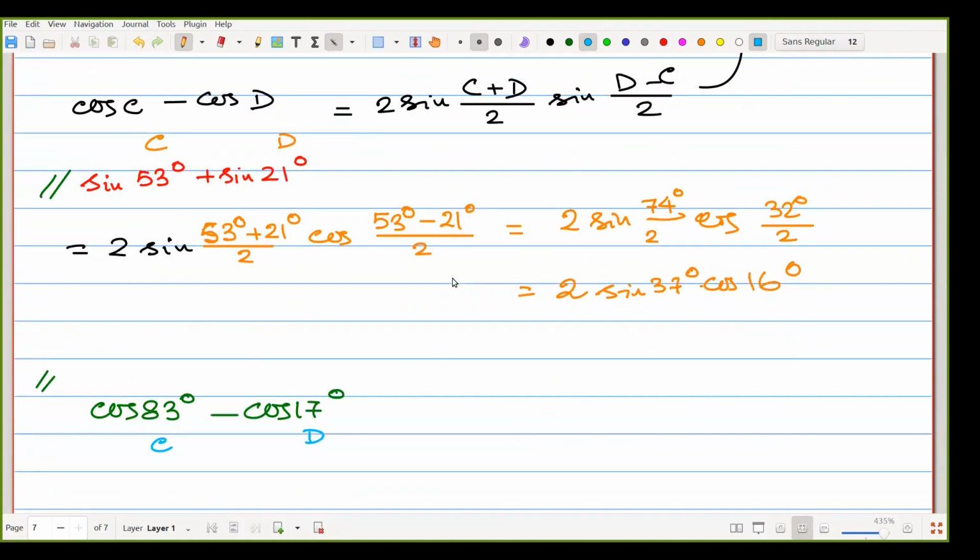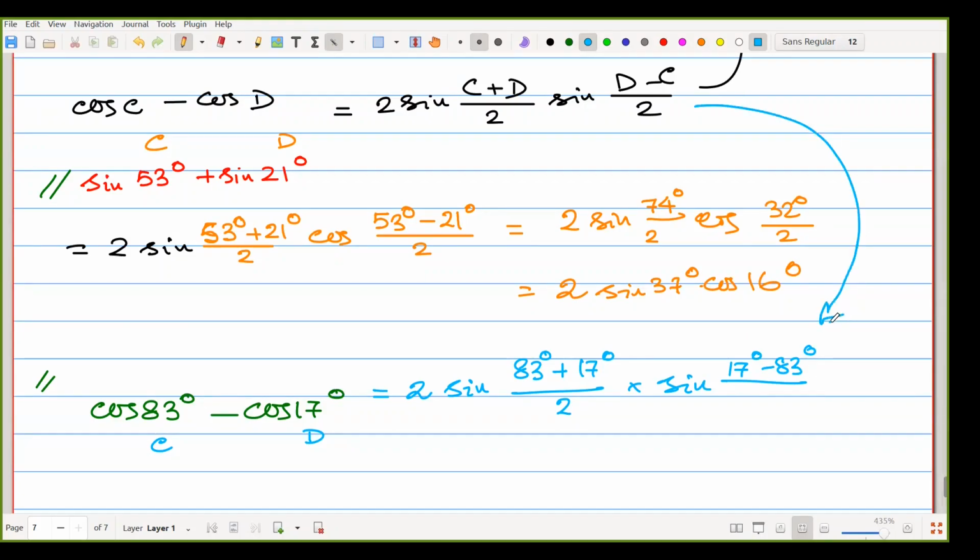Look, that means we have 2 of sine C plus D, so 83 plus 17 degree divided by 2 into sine of, but sine of D minus C. So that means 17 degree minus 83 degree. That is the calculation here.